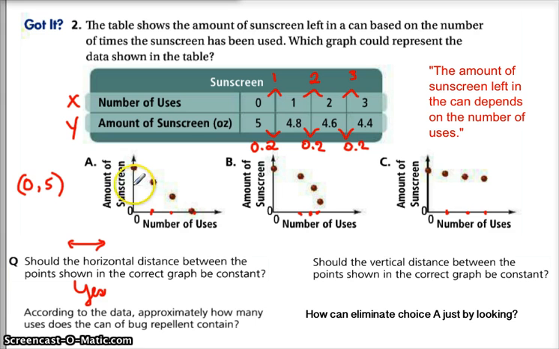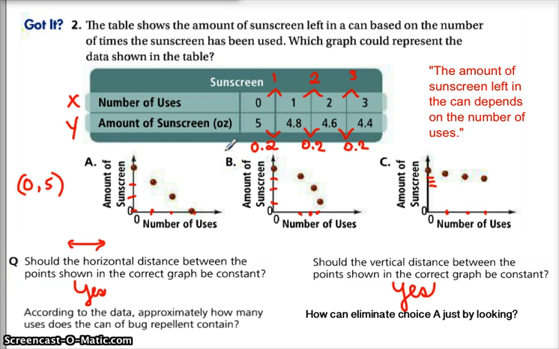So that stands to reason that there should be the same amount of decrease vertically. And let's look at whether there is or not. Here. Here. Okay. So we would have to say yes.